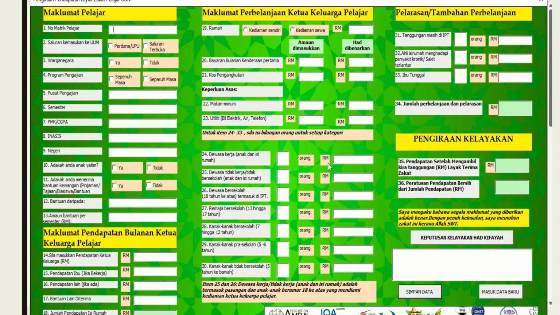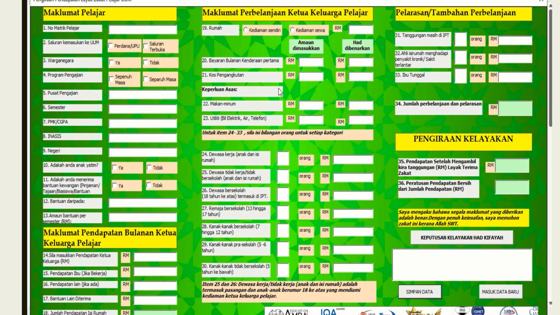Okay, we have 5 sections to be input by the students: their background information, financial background of their parents, deductions or expenses information, adjustments for additional expenses, and the calculation itself.